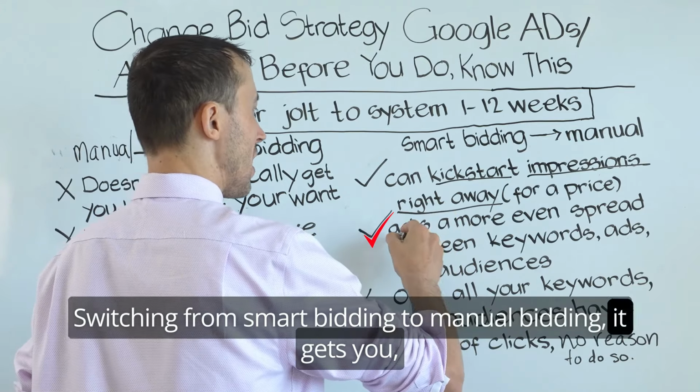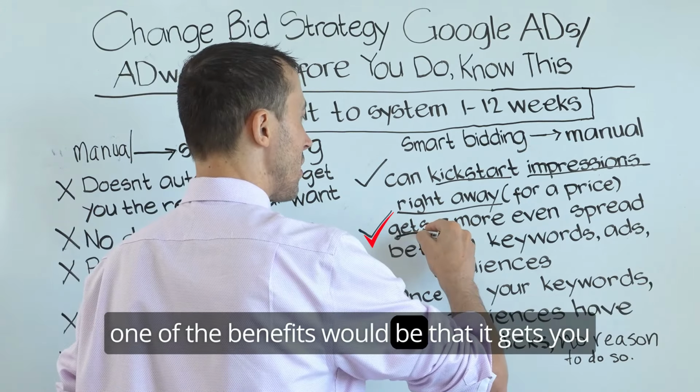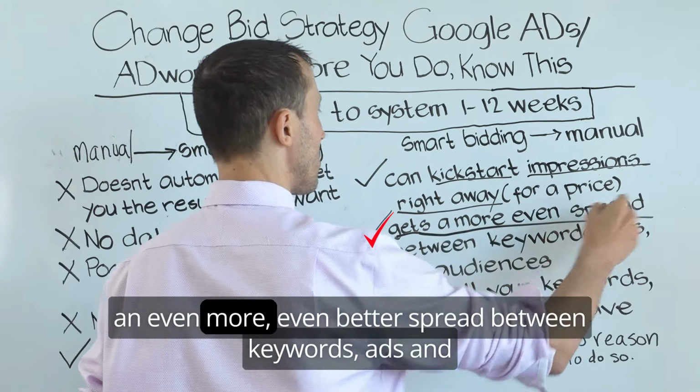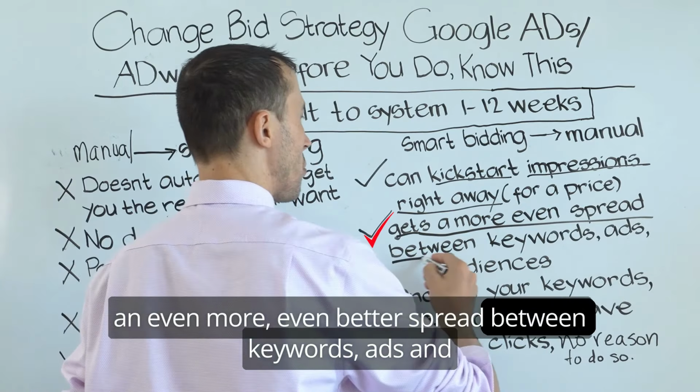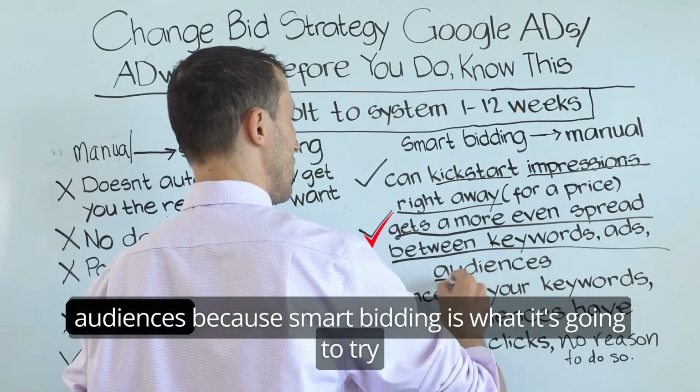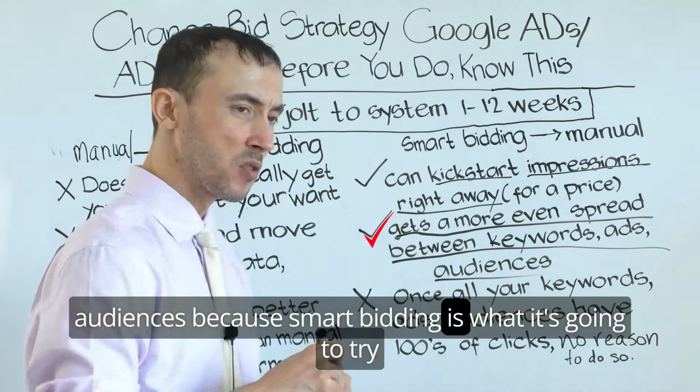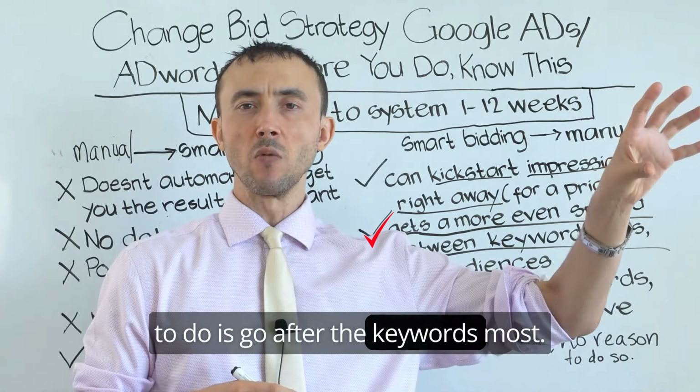manual bidding, one of the benefits would be that it gets you an even better spread between keywords, ads, and audiences. Because smart bidding is going to try to go after the keywords most.